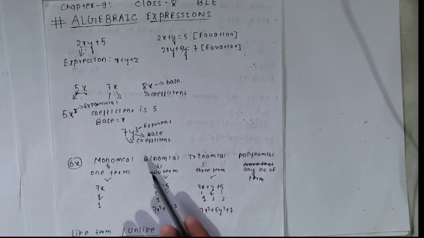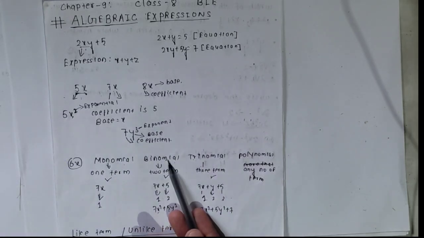A monomial is an expression with just one term, like 7x. Here is only one term; 7x is not joined to any other number or variable. A binomial has two terms, like 7x plus 5. 7x is one term, and it is added to 5, which is a number.